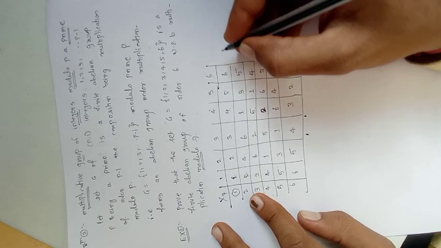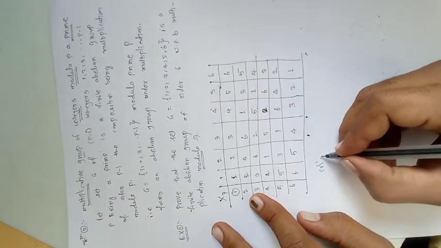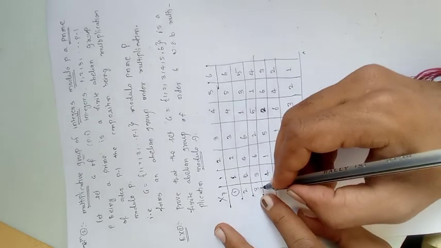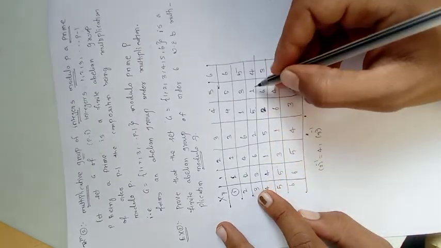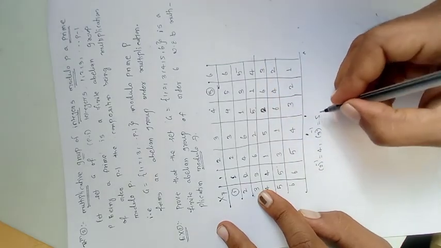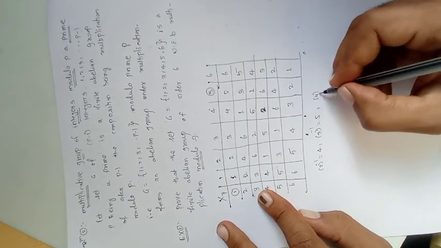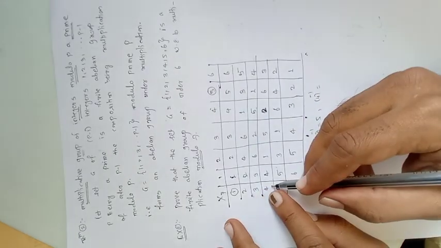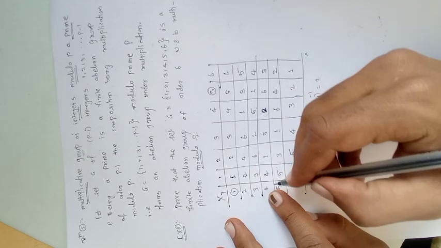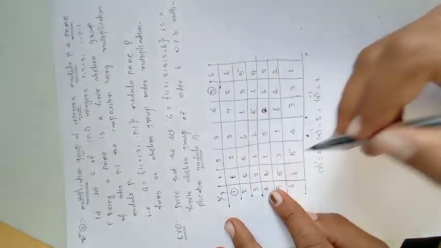The multiplicative inverse of 3 is 5 because 3 into 5 is equal to 1. Then the multiplicative inverse of 4 is equal to 2 because 4 into 2 is equal to 1.